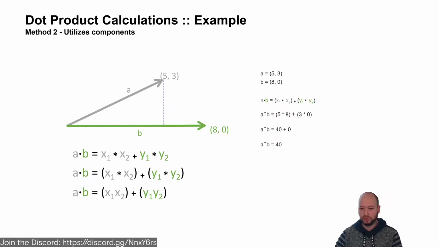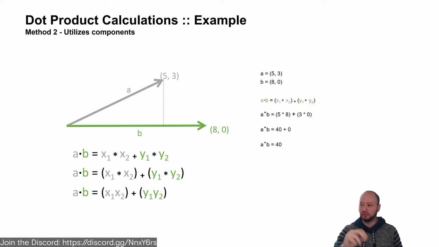So in this case, to use this example, we have A as (5, 3) and B as (8, 0). We do that, and you can see that the dot product is going to be 40. If we plug this back into our previous equation, we could say 40 divided by the magnitudes of A and B would be equal to the cosine of theta.